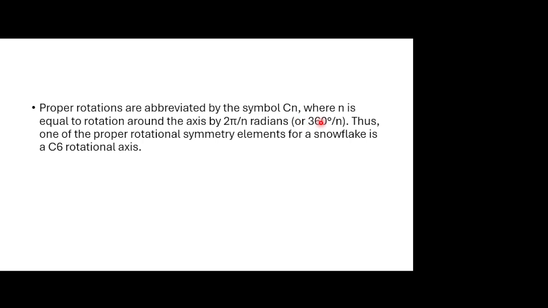Otherwise, that would be 360 divided by n, if you're in degrees. And so, for example, C6 would be 360 divided by 6, which is 60-degree rotations each time. C3, 120. Everybody okay with that? C2, 180. Okay. Fantastic.